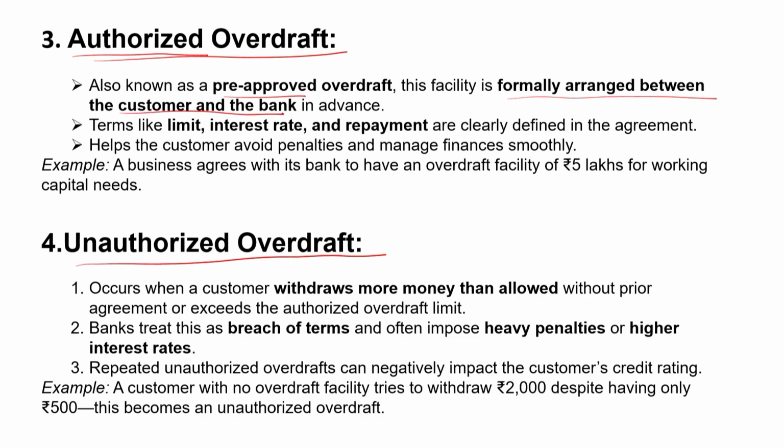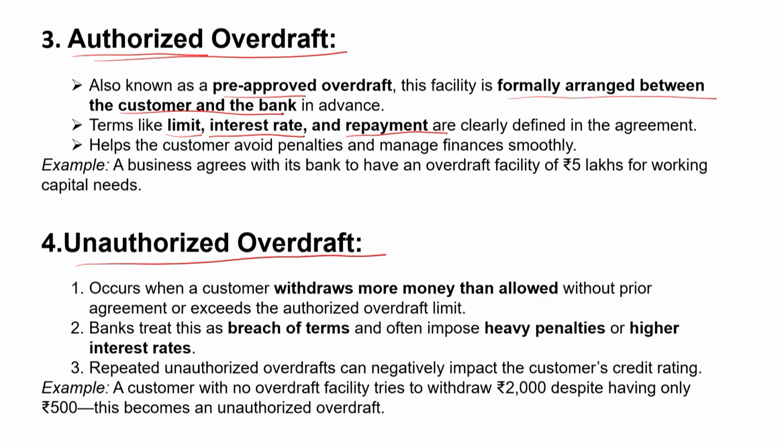That means the bank allows you to withdraw up to a certain limit at a certain percentage of interest rate, and repayment schedules are also discussed between the consumer and the bank prior to approving the loan, in case of the authorized overdraft.